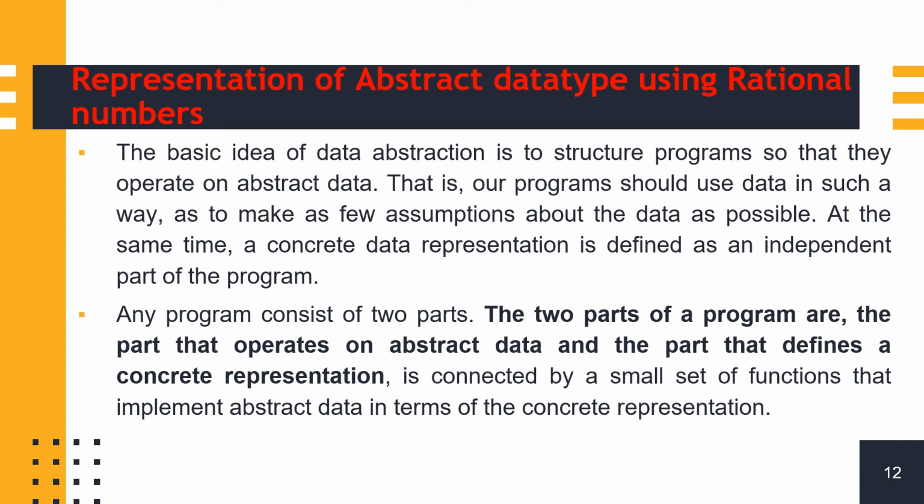At the same time, the concrete data representation is defined as an independent part of the program. Any program consists of two parts: the part that operates on abstract data and the part that defines a concrete representation, connected by a small set of functions that implement abstract data in terms of the concrete representation.